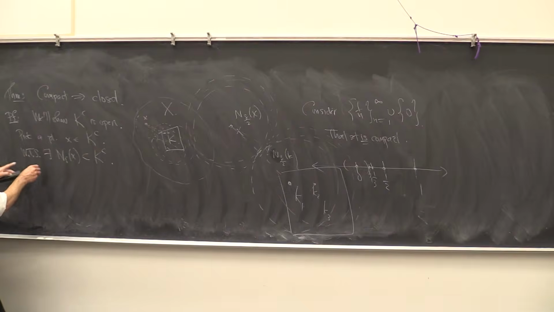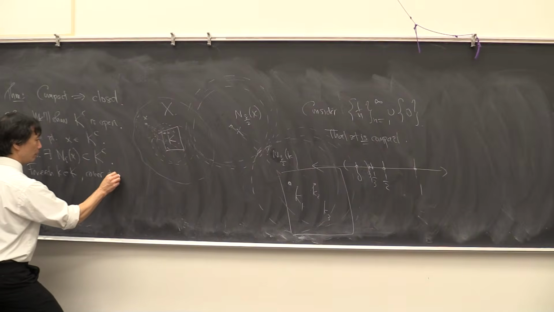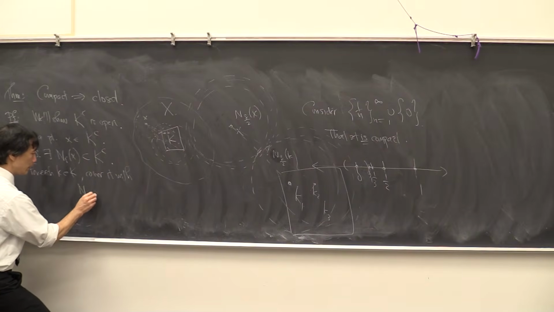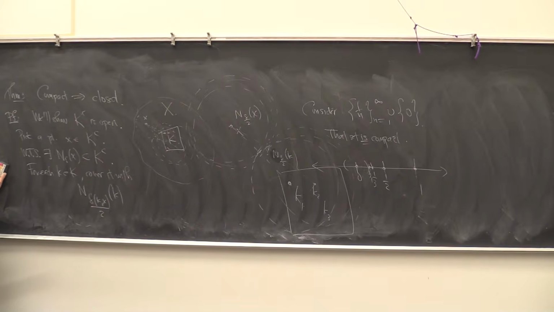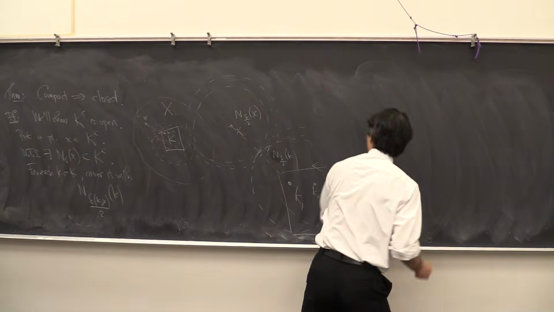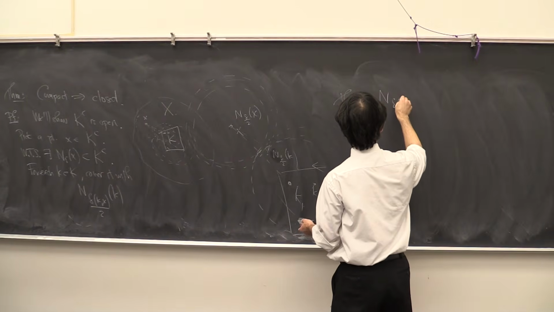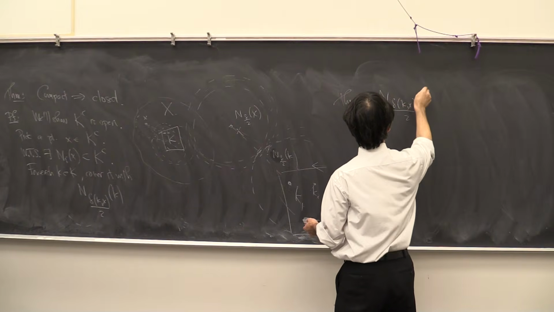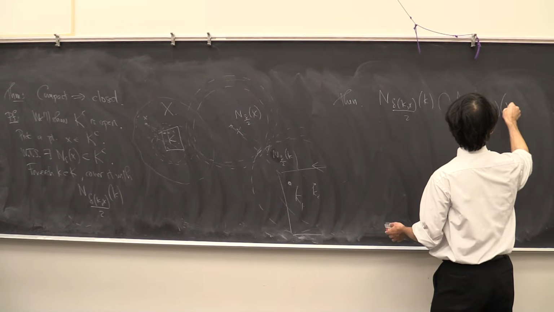So you say, well, look, for each k in K, cover it with a ball of radius the distance from k to x over 2, centered at k. Then that neighborhood, the ball of radius distance of k to x over 2 around k, intersected with the ball of the same radius around x, is empty.